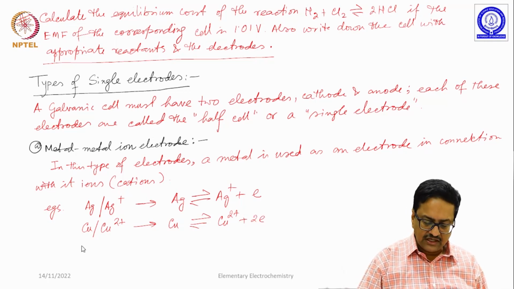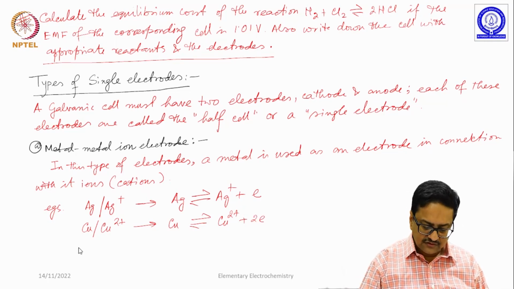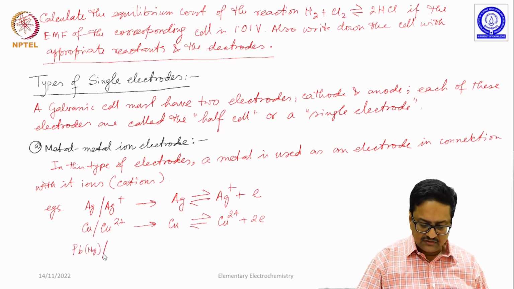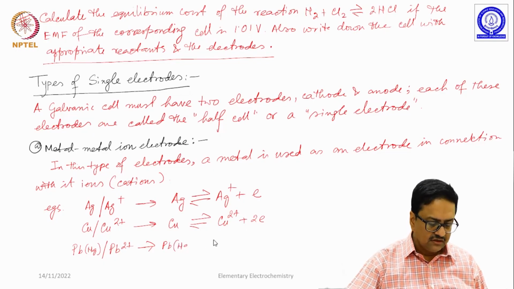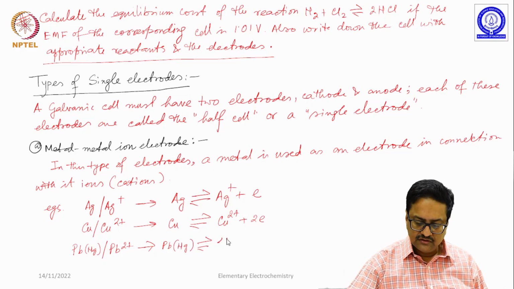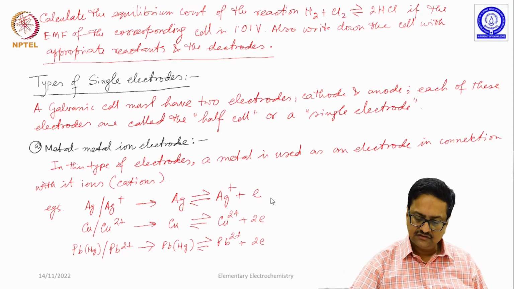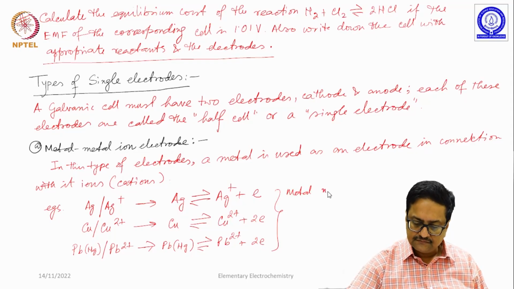And there can be amalgam electrodes, where you have lead amalgam with Pb2+. So the reaction at the electrode is lead amalgam is in equilibrium with Pb2+ plus 2 electrons. So these are examples of metal ion single electrodes.